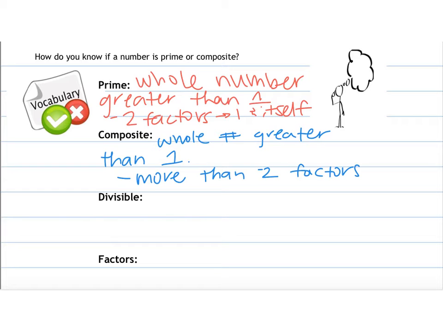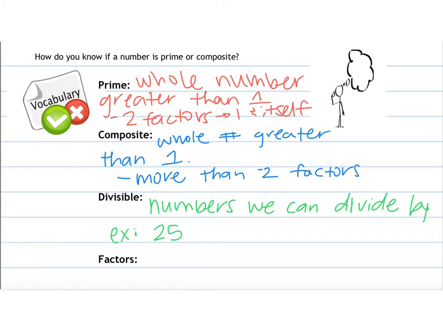So this means that it can be divided by. So for example, 25 is divisible by 5, so it means that we can divide 25 by 5. Or 30 is divisible by 2 because it can be divided by 2.